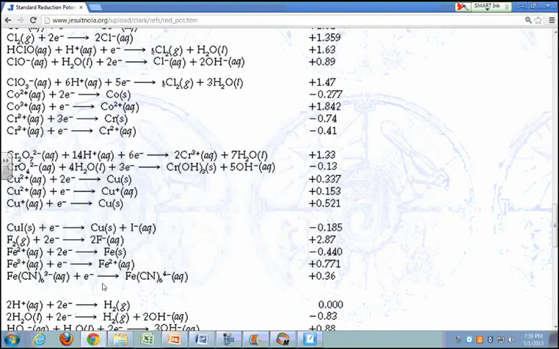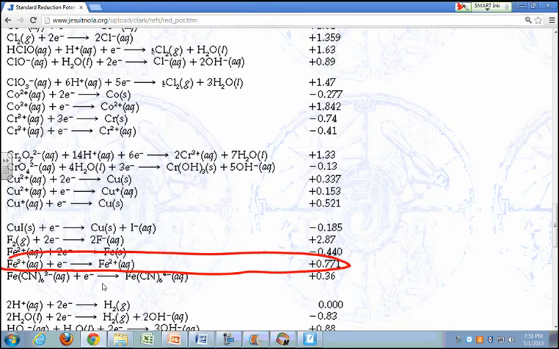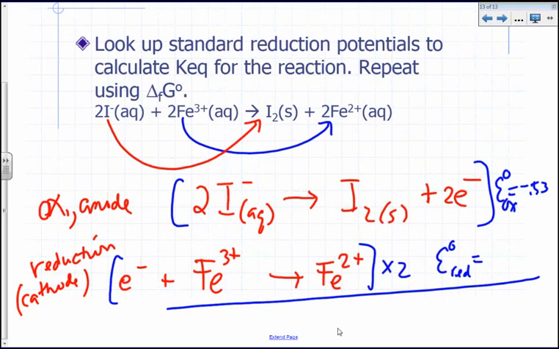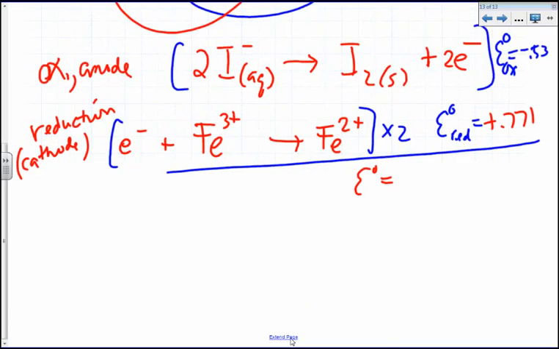Iron +3 to iron +2 is positive 0.771. So our cell potential is just equal to 0.771. Remember, cell potentials are intensive properties, so you don't multiply this by 2.